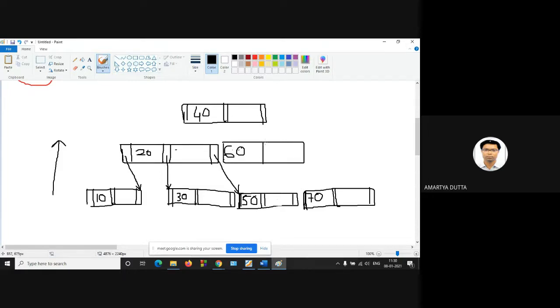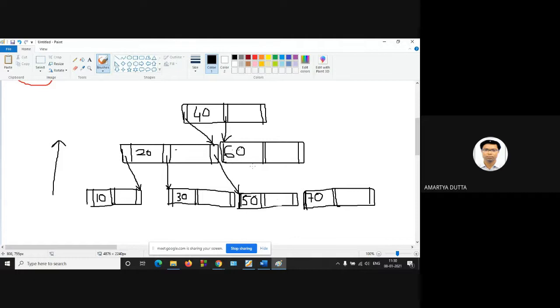60. So this is 40 and this is 60, 20, 60.